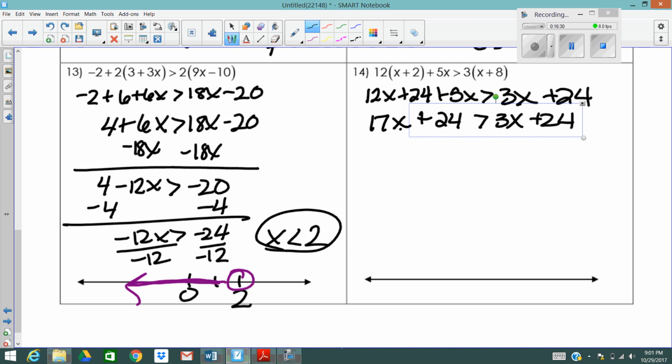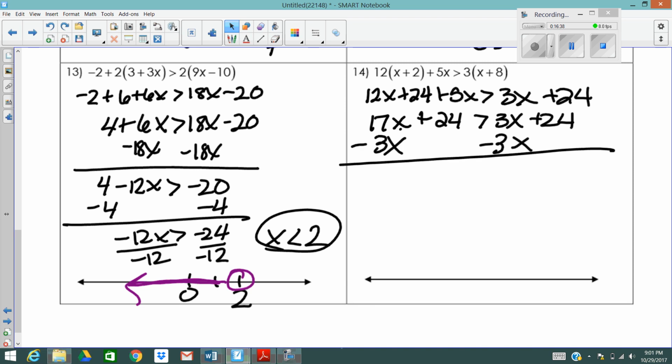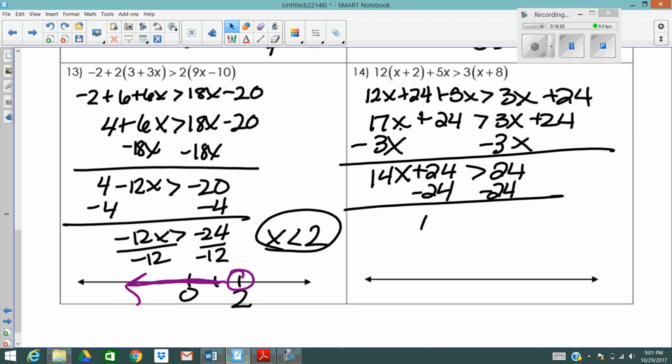I want my variable on the left, so I'm going to subtract 3x on both sides. So that gives me 14x plus 24 is greater than 24. Subtract 24 on both sides. So that gives me 14x is greater than 0.